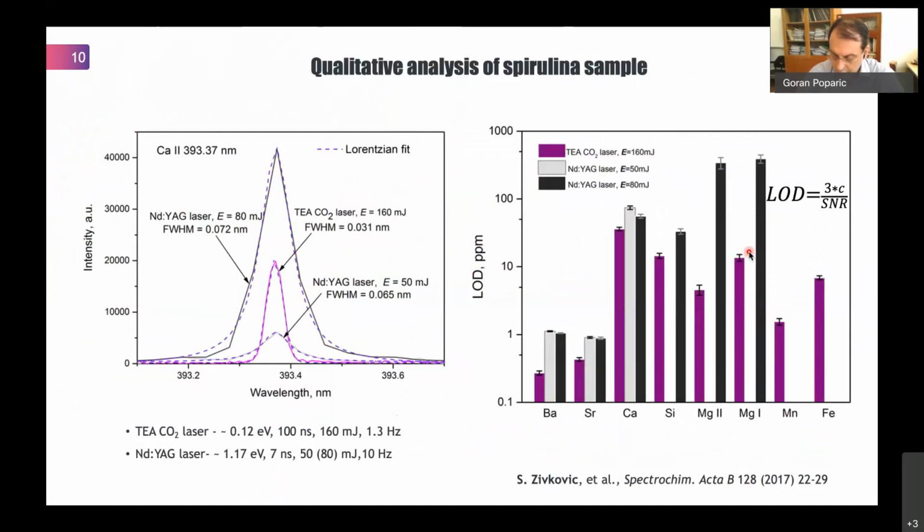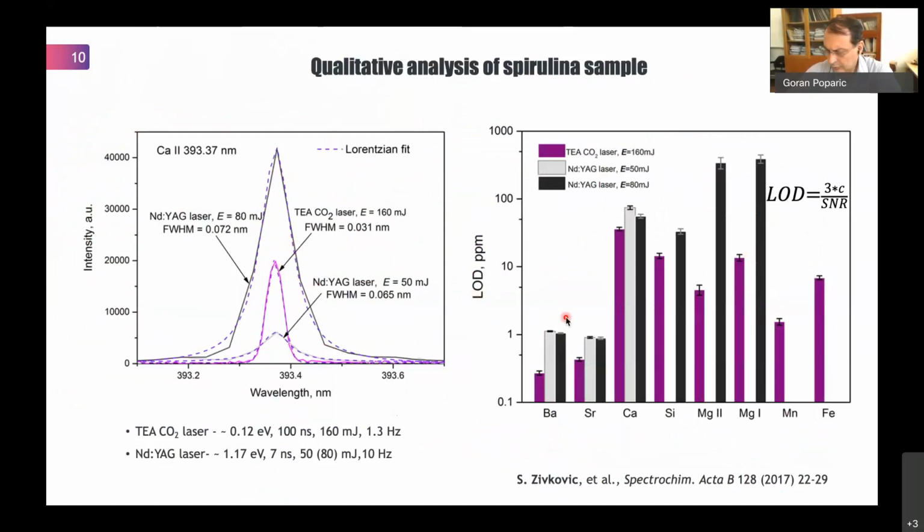So what we did next, we again wanted to compare our results using the limits of detection. On the left side, you can see the profiles of the calcium line. You can see that our line is better resolved with a lower background emission.